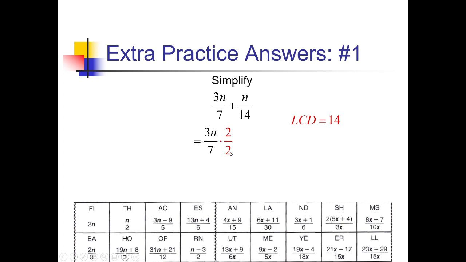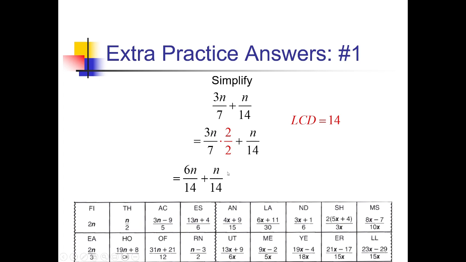So I'm not changing the value, I'm just changing how it looks. And this other fraction with a 14 is already good because it already has the LCD. So for my first fraction, 2 times 3n is going to be 6n, and then 2 times 7 gives me 14, which is what I wanted. Second fraction I'm just going to leave for now because it didn't need any changes.